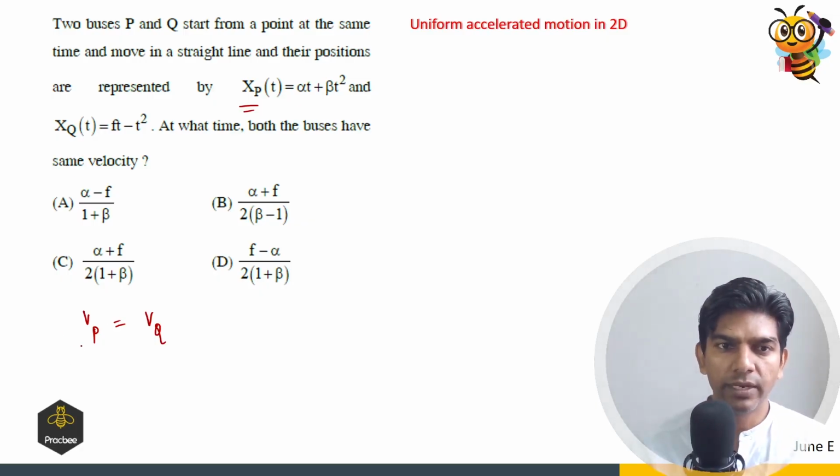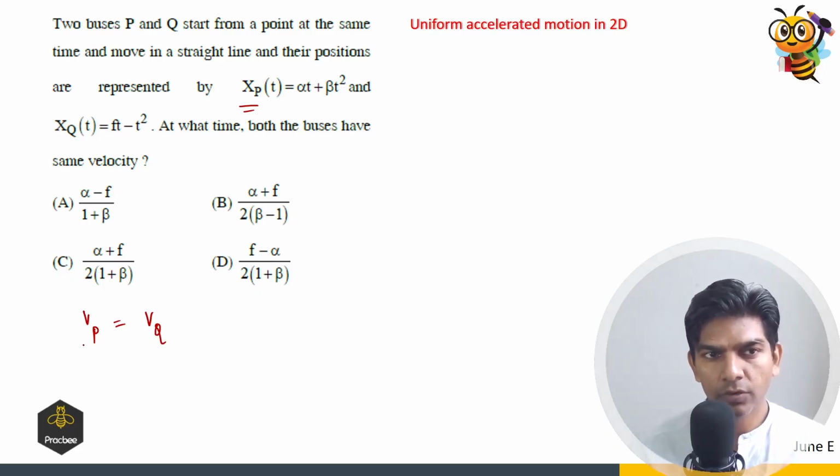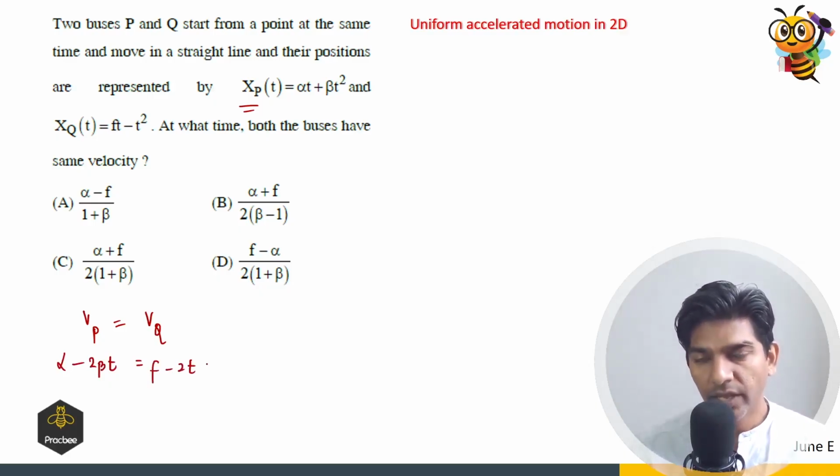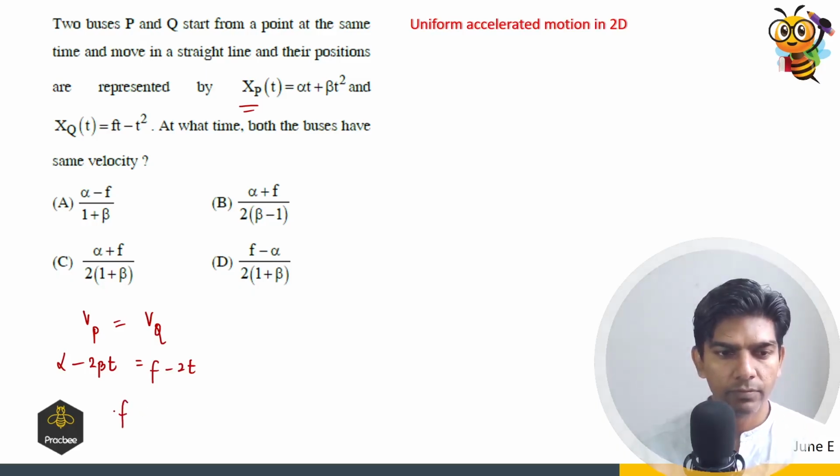So if I differentiate that, alpha, beta, and f are constants. So it will be alpha plus 2 beta t, and for q it will be f minus 2t. And we have to find the time.